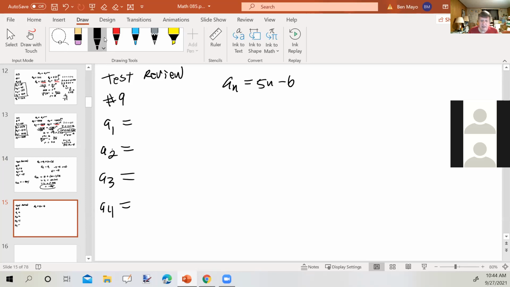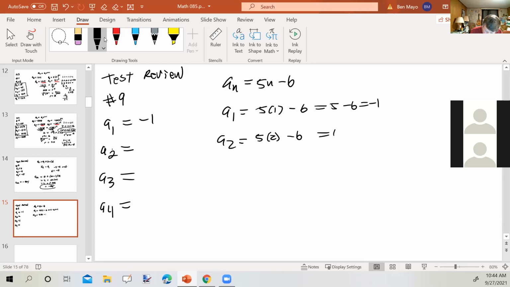So recall, if it says an arithmetic sequence, you use that formula. A geometric sequence, you use that formula. If it just gives you a specific formula like it does here, then we use this. So a sub 1 is 5 times 1 minus 6, which is 5 minus 6, which is -1. A sub 2 is 5 times 2 minus 6, which is 10 minus 6, which is 4.